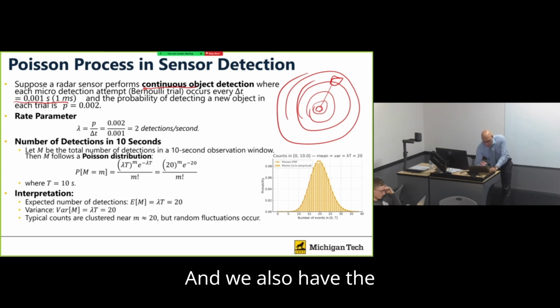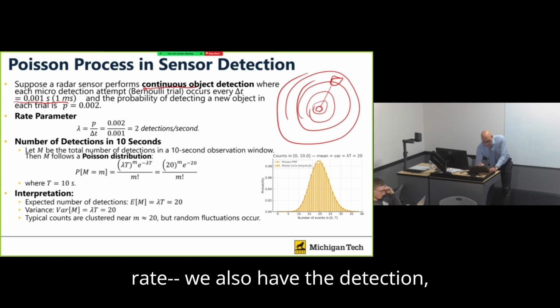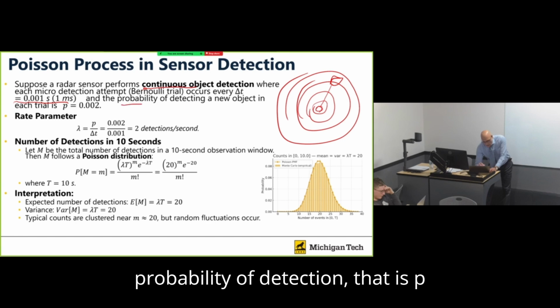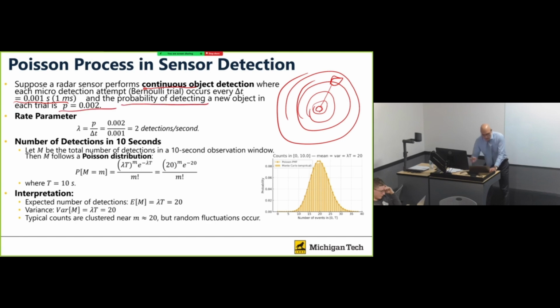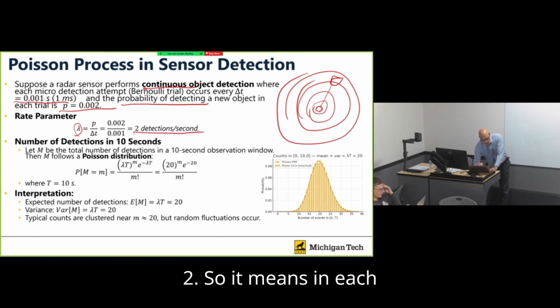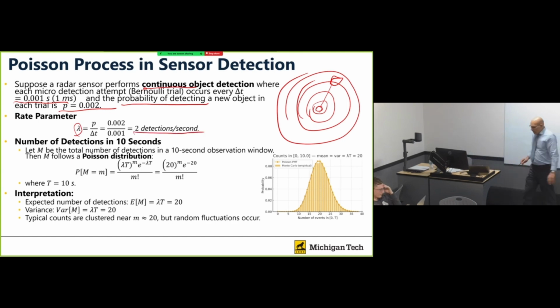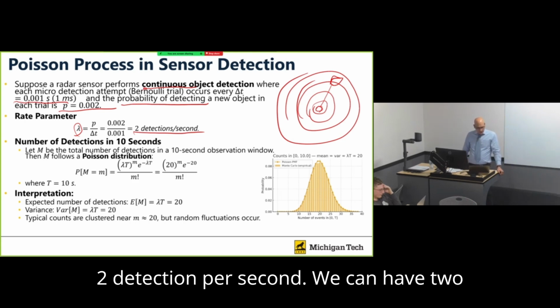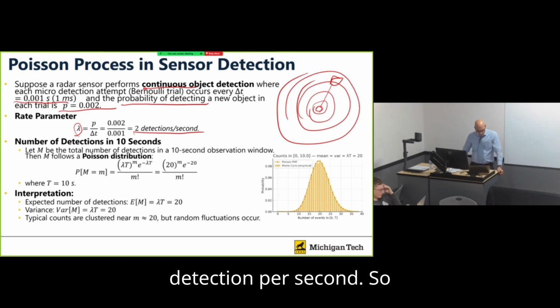We also have the probability of detection, that is p, 0.02. And the rate of detection is 2. It means we can have 2 detections per second.